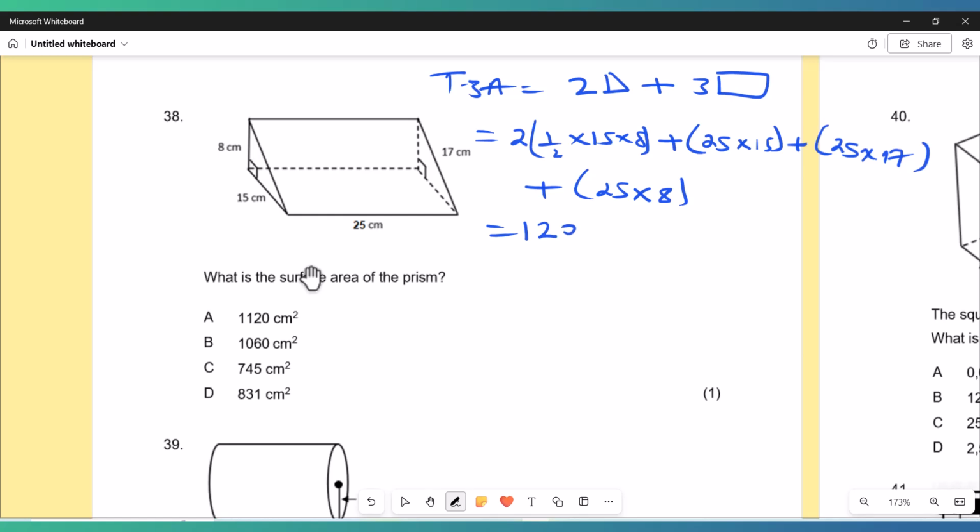Then the rectangles: I have 25 times 15, plus 25 times 17, and then plus 25 times 8. Here it gives me 1,000, that is 100, plus 0. Okay, what's my answer here?